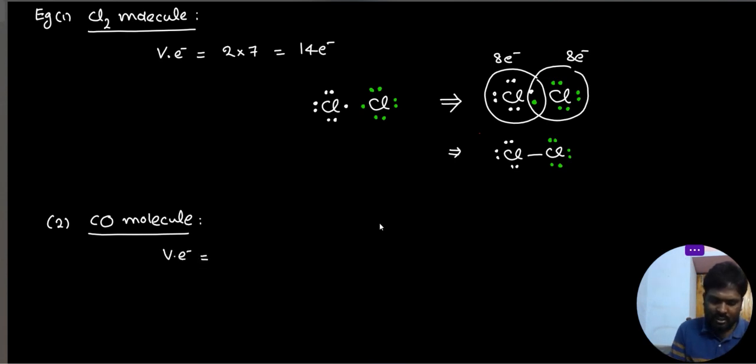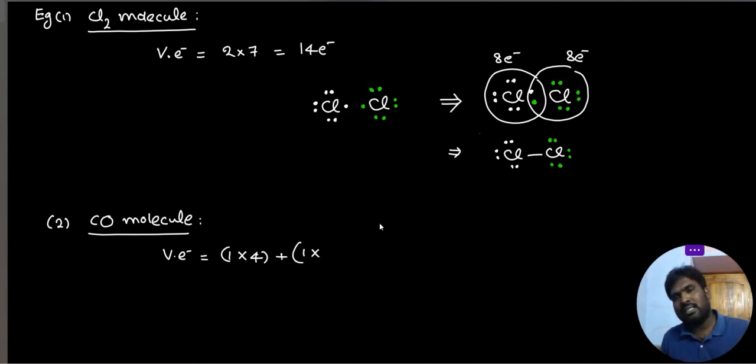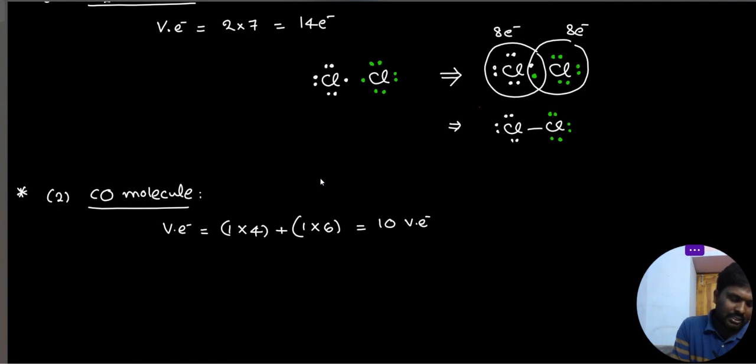Valence electrons: 1 into carbon, group number 14 or 4A, so 4 valence electrons, plus oxygen, group number 16 or 6A, 6 valence electrons. So total 10 valence electrons. Clear? 10 valence electrons. Very, very important example it is.